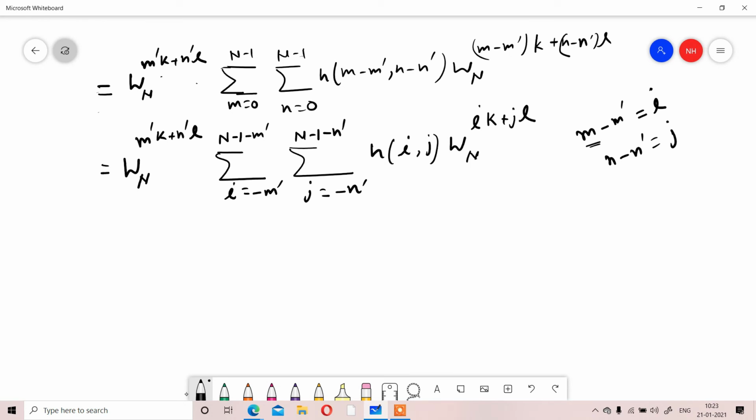Now here i equal to minus m', j equal to minus n'. So that must be i equal to 0 to N-1 as well as j equal to 0 to N-1. Then only we can write that it is the DFT of h(i,j). So can we write i equal to 0 to N-1 here?